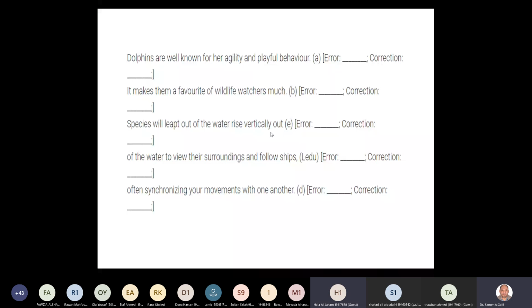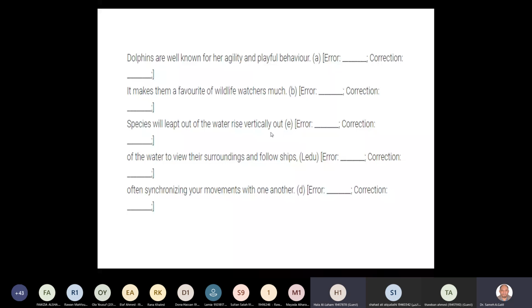So it makes them a favorite of what? Of wildlife watchers. Okay, and then you have much. Why don't you change much? I thought there was a punctuation mistake also, so it's many species, but if you're saying we should keep it in this sentence, in this case you're going to change much into... Watchers is countable, right? And it's plural. In this case you would use many or a lot of, right?